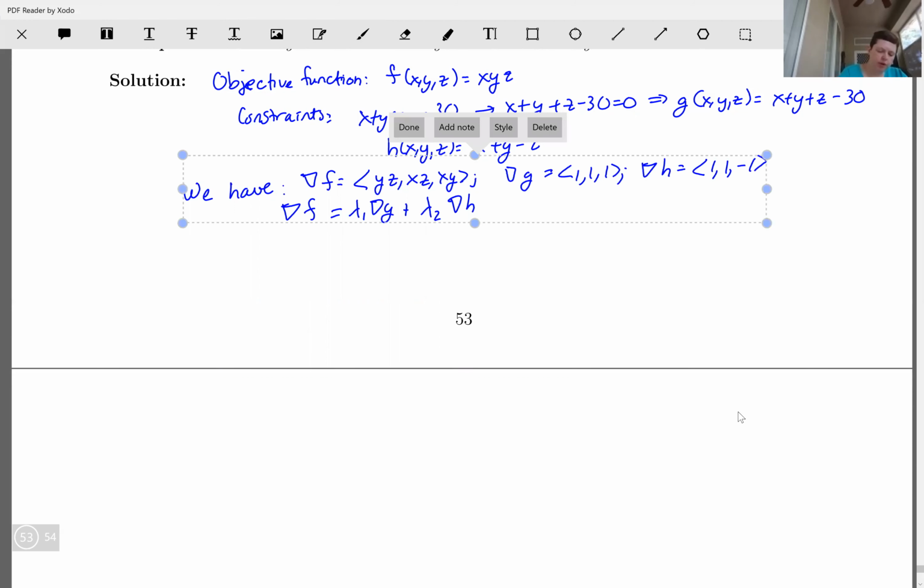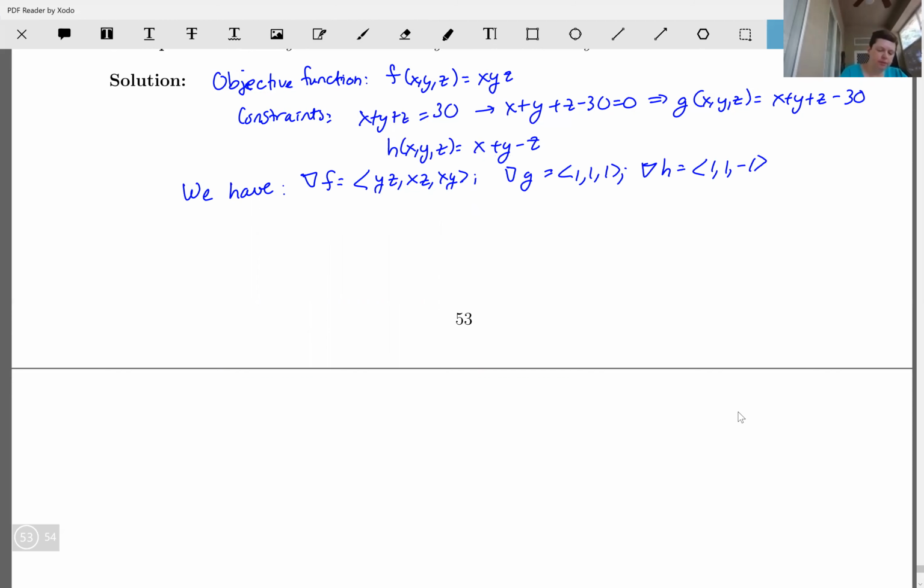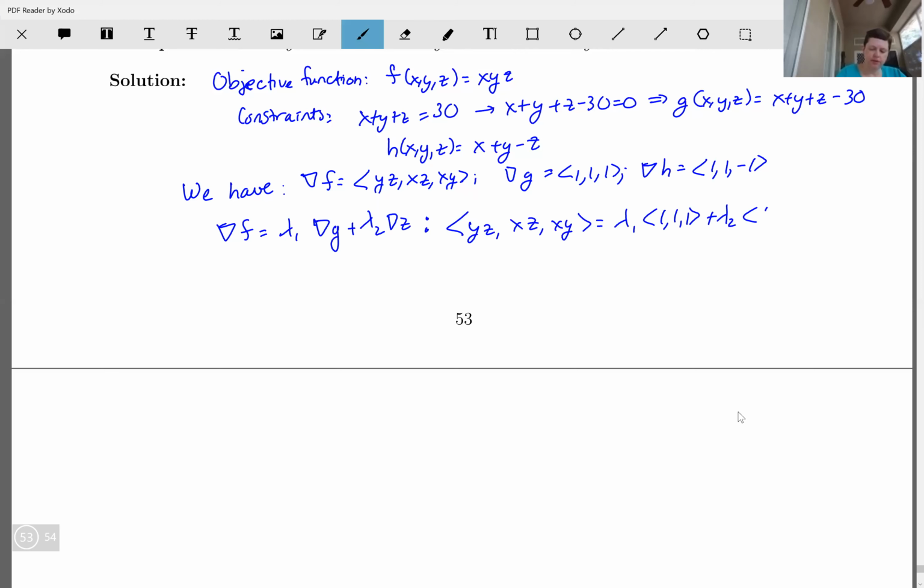So when we form our system, we have the vector yz, xz, xy is lambda sub 1 times the vector 1, 1, 1 plus lambda sub 2 times the vector 1, 1, negative 1.